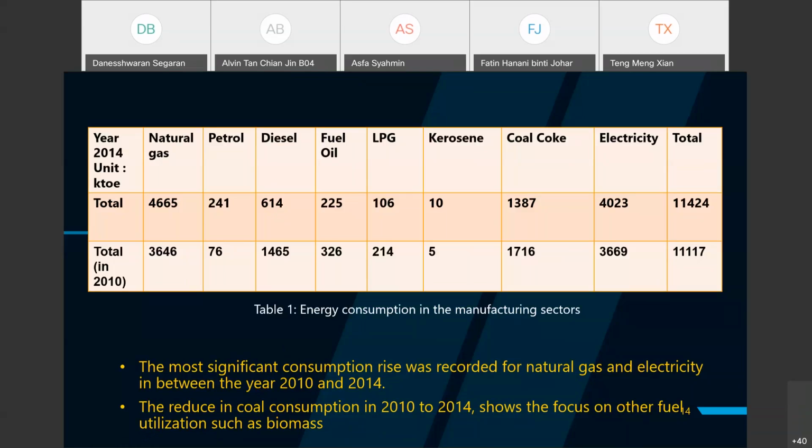And also, we can see that in 2010, the coal was 1,716 KTOE, and in 2014, it reduced to 1,387 KTOE. So this reduction shows the alternative use of fuel such as biomass.